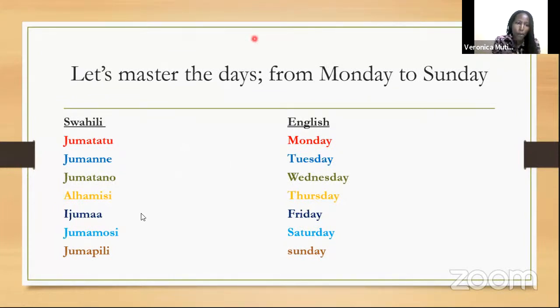So we will have a practice task after this, and you will need to remember at least a few of these. Frank, if you're there, I want you to help me read through the list. Jumatatu is Monday.